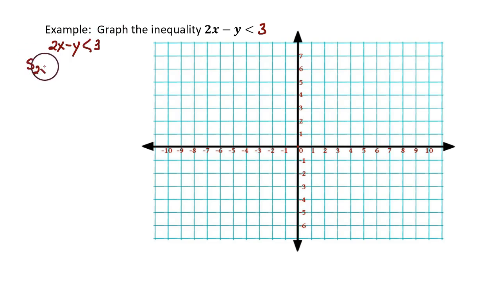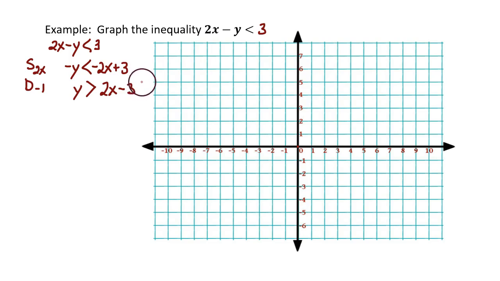First, subtract 2x. That makes negative y is less than negative 2x plus 3. Then divide everything by negative 1. When you divide by a negative, the arrow switches direction. Negative 2x divided by a negative is positive 2x. 3 divided by a negative is negative 3.